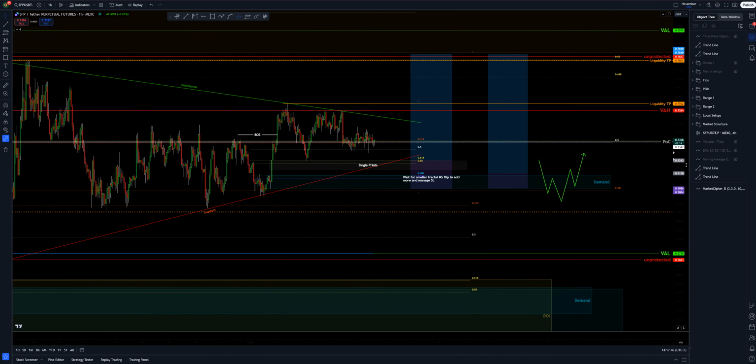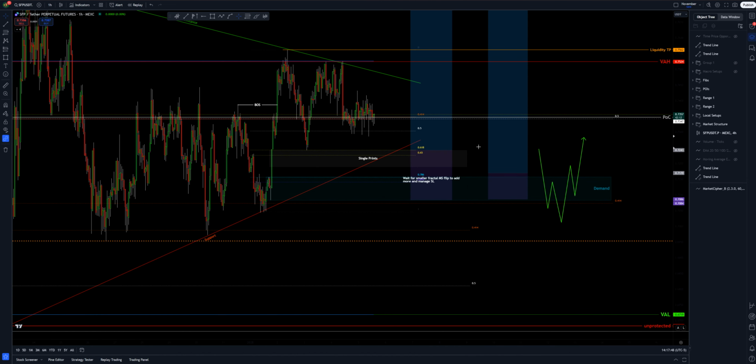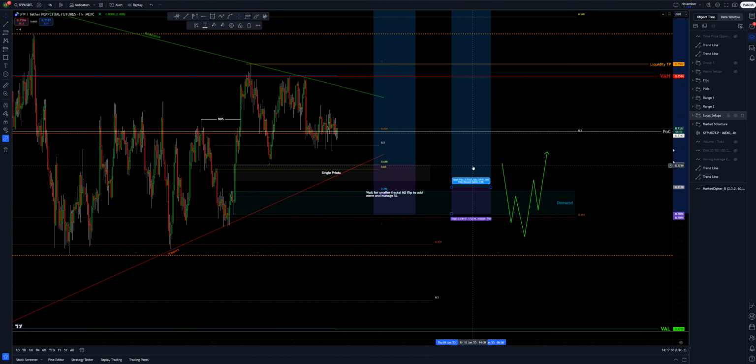And I know I do have two setups here, but I treat these as one trade. The only reason I marked them is because I have two entries, right? I have an entry here and I have an entry here, but ultimately I'm treating them as one trade because my stop loss is going to be behind this. And yes, technically this is what's protected.